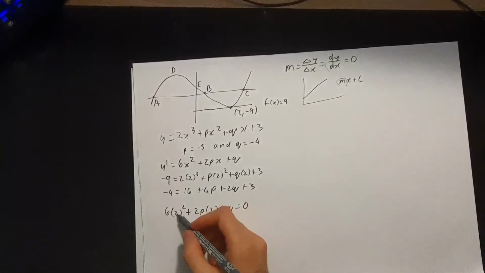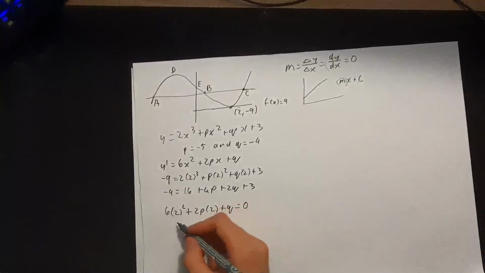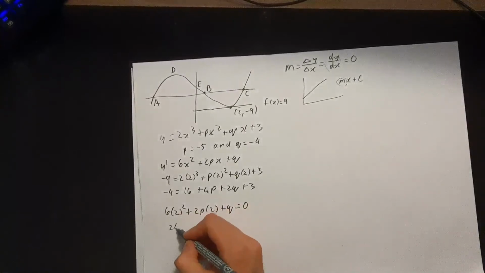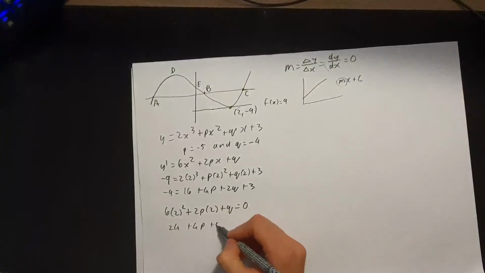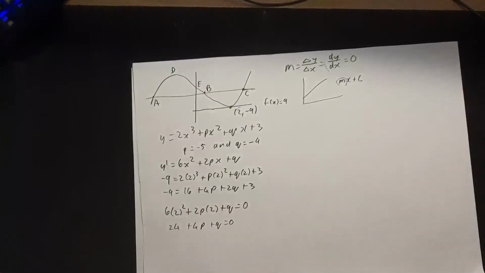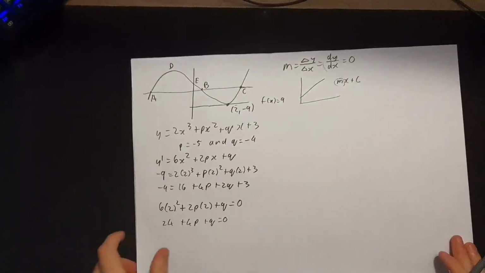So that's 2 squared is 4, times 6 is 24, plus 4p plus q equals 0. Then we can just solve this simultaneously. You can say equation 1 minus equation 2, or you can make one of them the subject, plug it back into the other one, and then solve it that way.